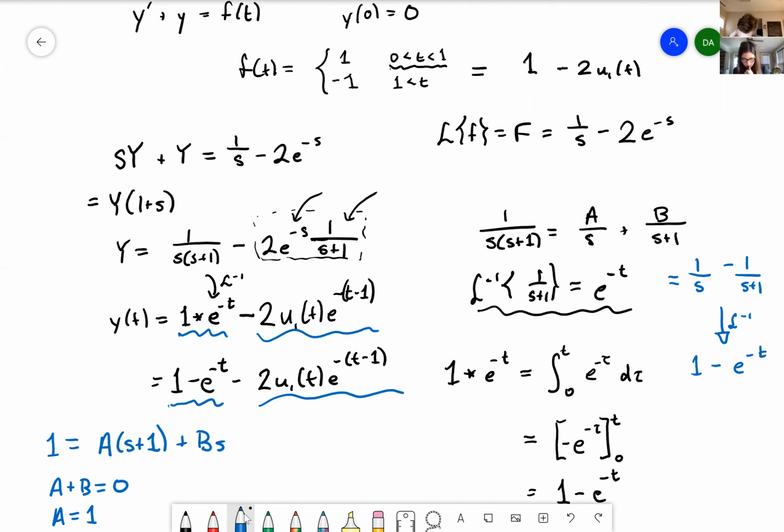So clearly I've done something wrong. Just double check. So this should be the correct Laplace transform of the left-hand side. And the right-hand side, yes, we did. I think we got the wrong Laplace transform.